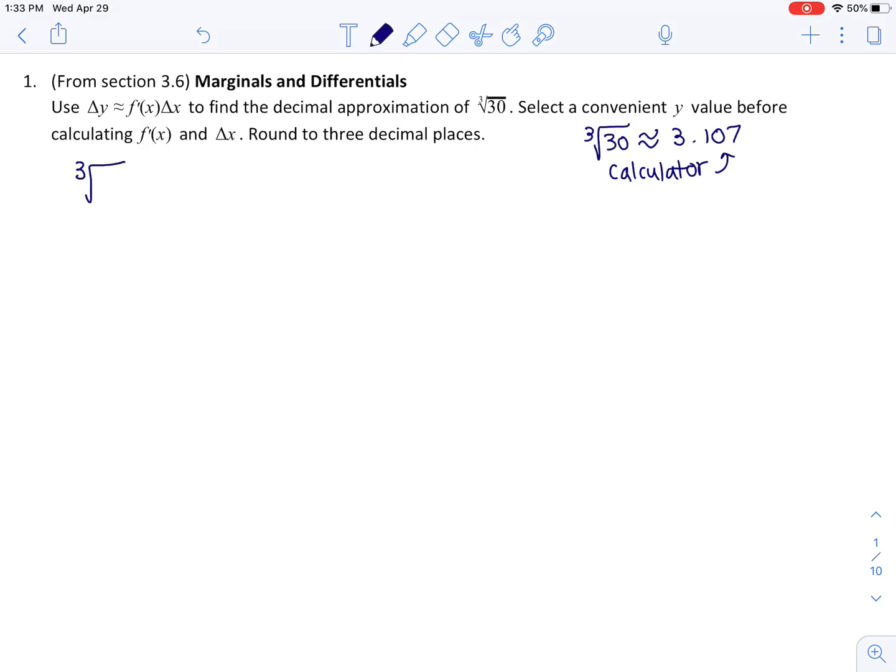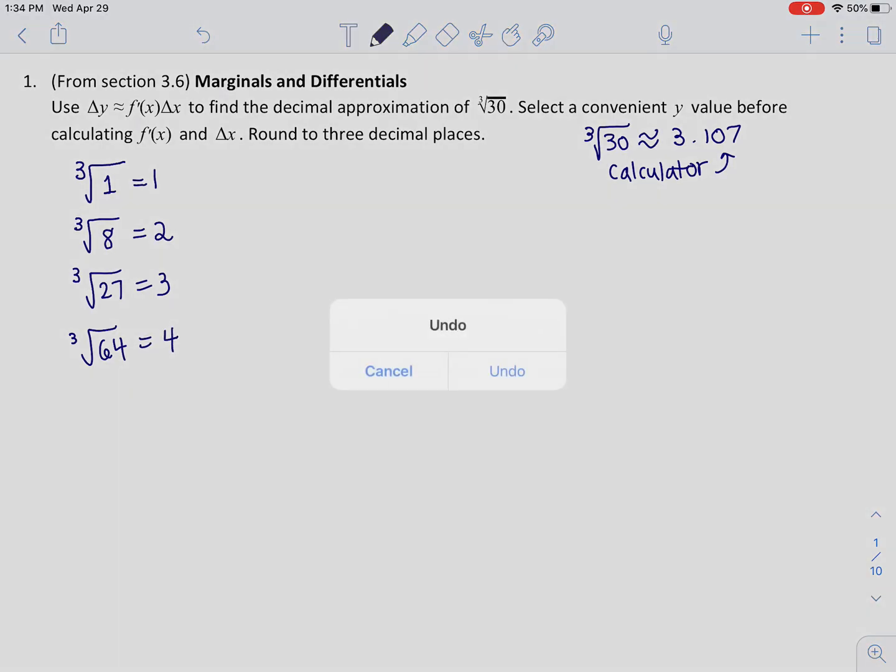First of all, what is a good perfect cube that we know of? Cube root of 1 is 1. We're not going to use that one. That's too far. What's the next one? Cube root of 8 is 2, right? And cube root of what number, 27, is 3, right? And then one more. What about cube root of 64?